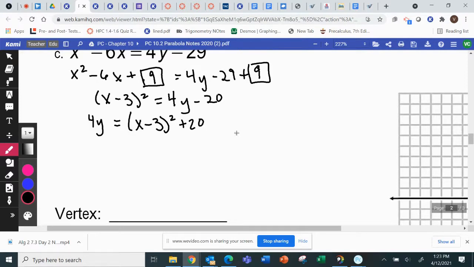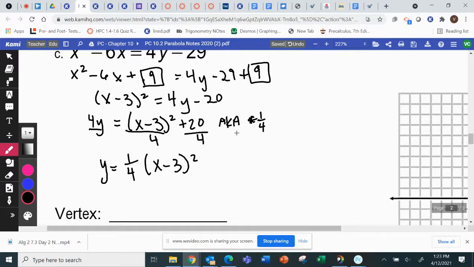And then to divide everything by 4 is the same as multiplying by 1/4. So my equation Y equals, I'm going to put 1/4 in front, not divided by 4. I'll put 1/4 in front. X minus 3 squared plus 5. So that'll be my equation.